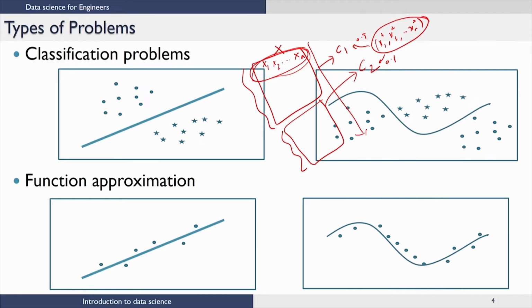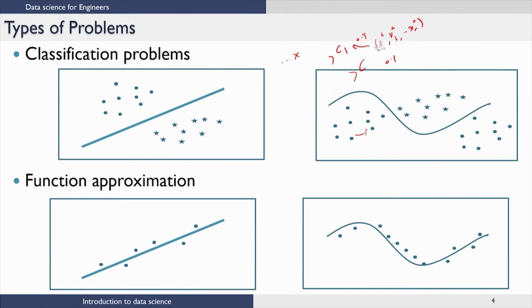Now, when we talked about this data and the binary classification problem, we talked about just two classes, but in reality there could be problems where there are multiple classes.